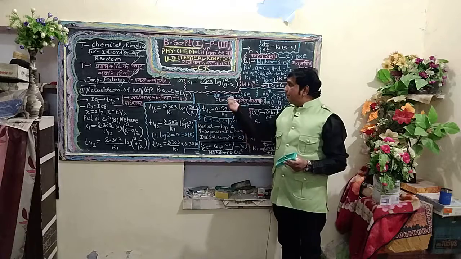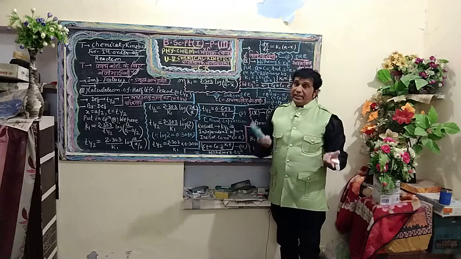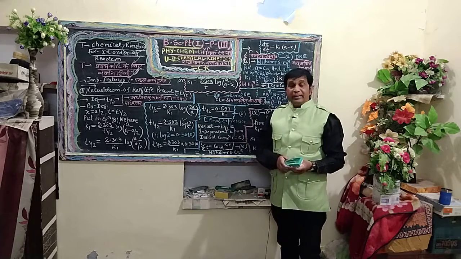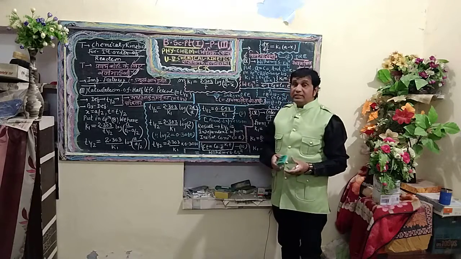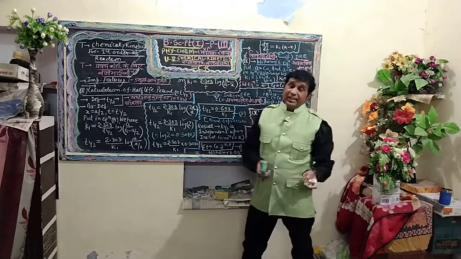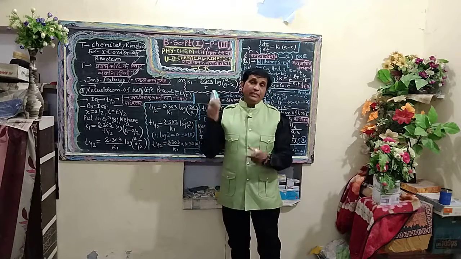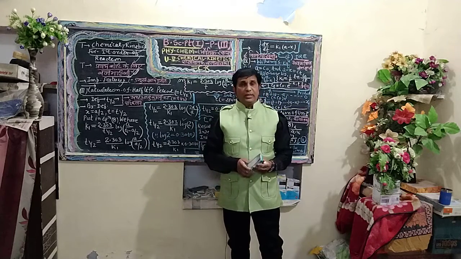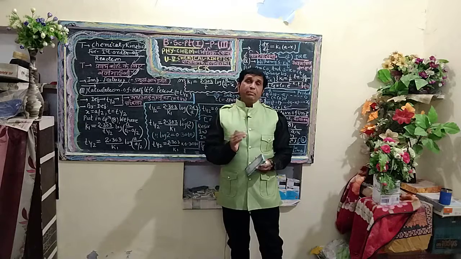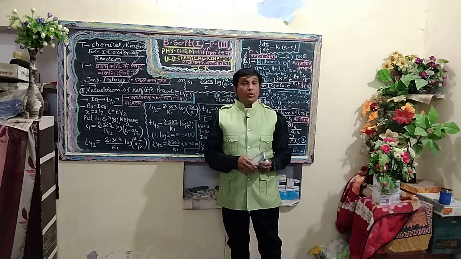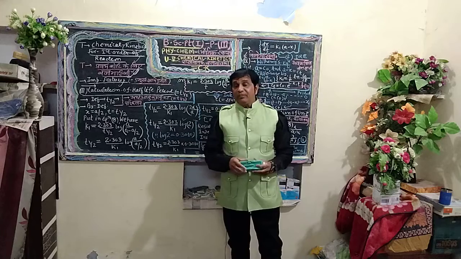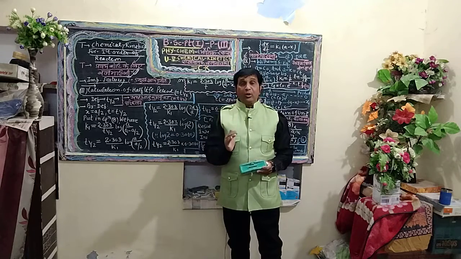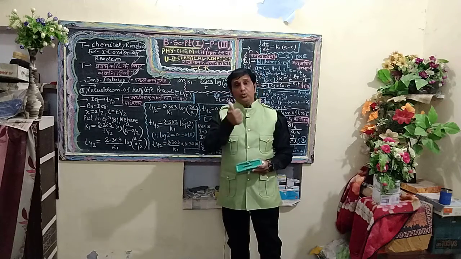By using equation number 8, one can calculate the value of the rate constant if time t, initial concentration a, and concentration a minus x at t equals t are known. So students of BSc Part 1, the first part of kinetics is now completed, in which we have defined the rate equation and rate law, and we have derived its two different forms.